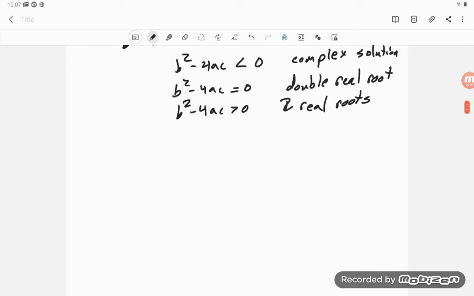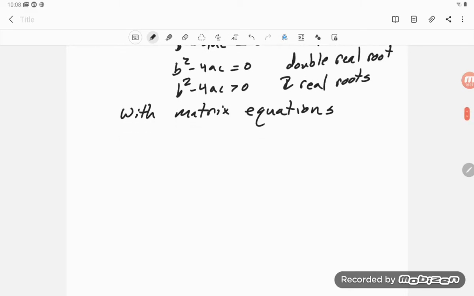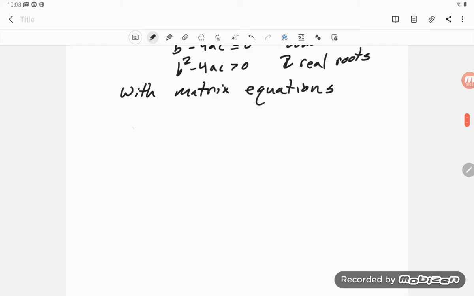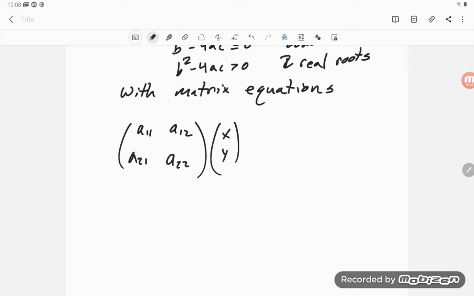Similarly, with matrix equations, we have something similar, and we call it a determinant. So let's go with a 2 by 2. I want to solve the matrix a11, a12, a21, a22 times some x, y equals b1, b2.